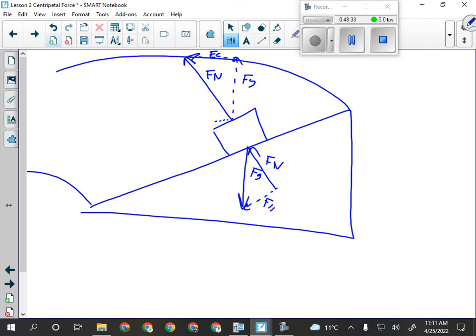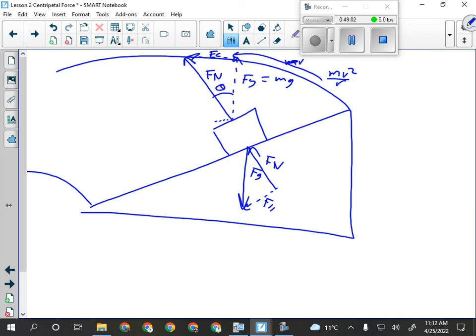Now, how do I calculate the force of gravity? What's the formula? m times g. What's the formula for centripetal force? mv squared over r. That's that side.